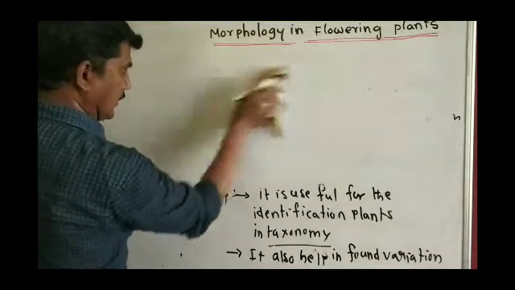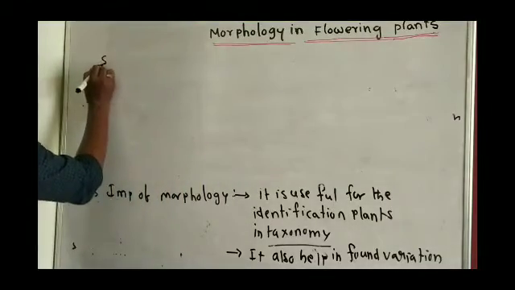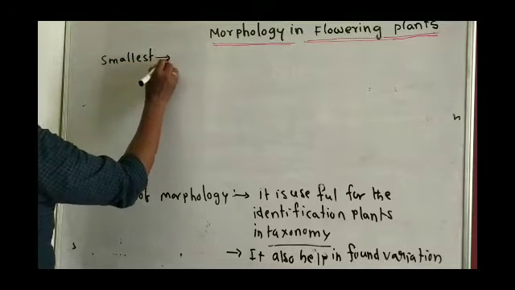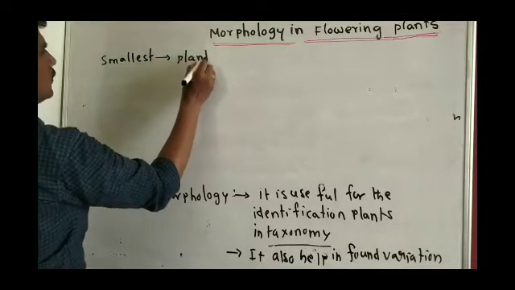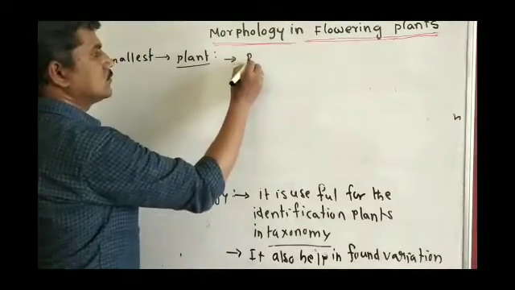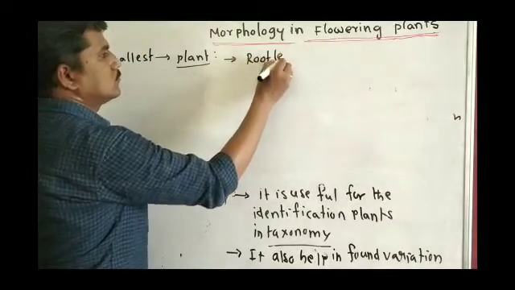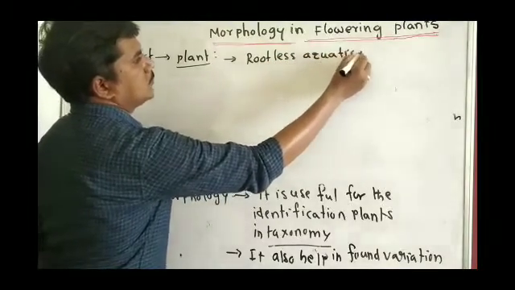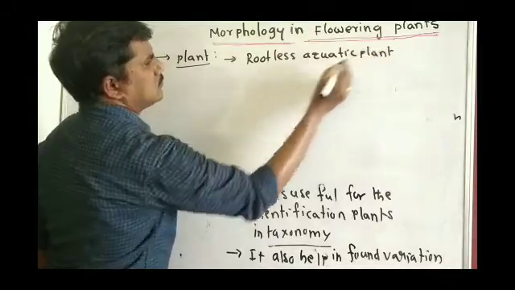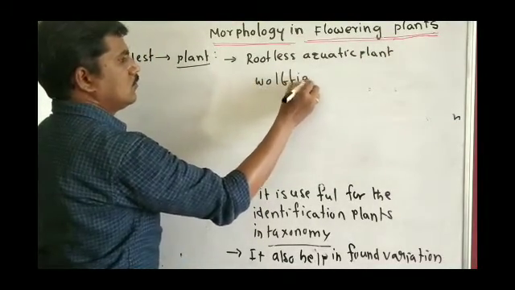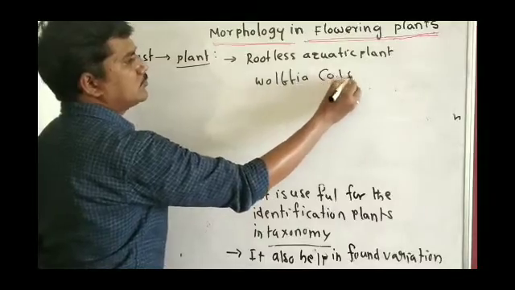When coming to the introduction part, the smallest flowering plant, you know very well, is the rootless aquatic plant Wolffia. Very, very important. Wolffia grows up to 1 millimeter, that is 0.1 centimeter.